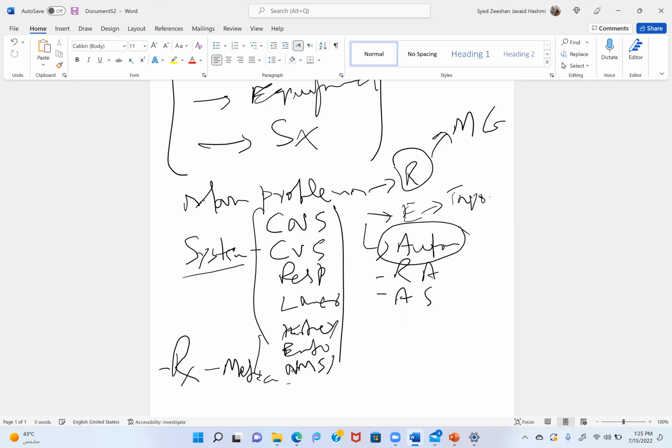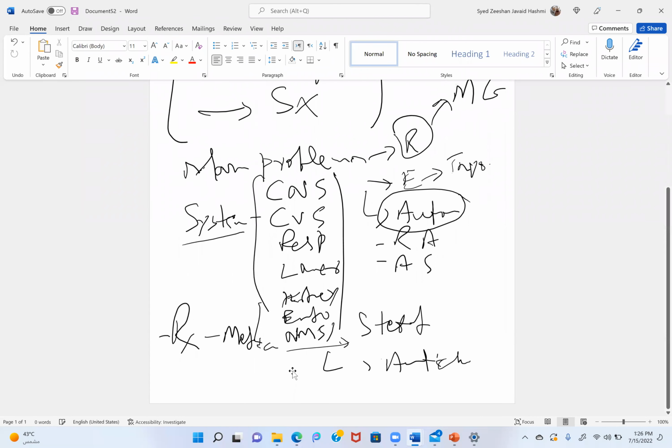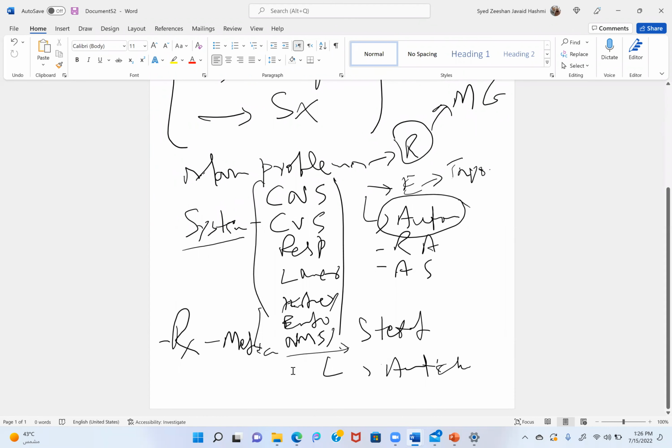So you should just scan your mind: the patient is taking steroids, for example, the patient is taking anticholinergics, okay. So this will be your target.